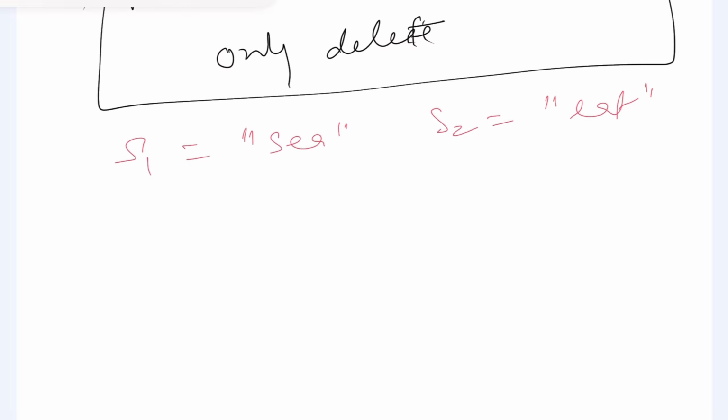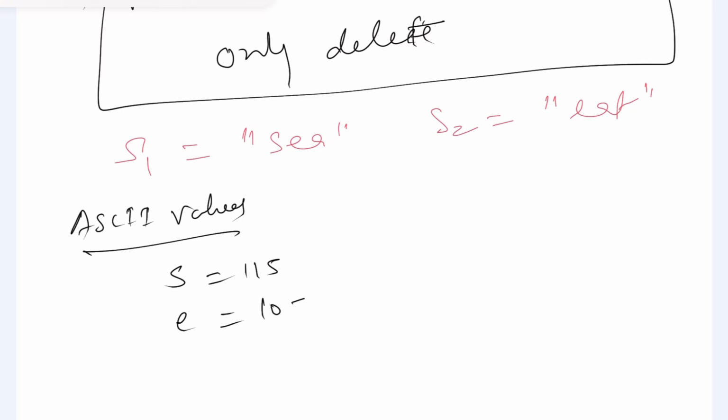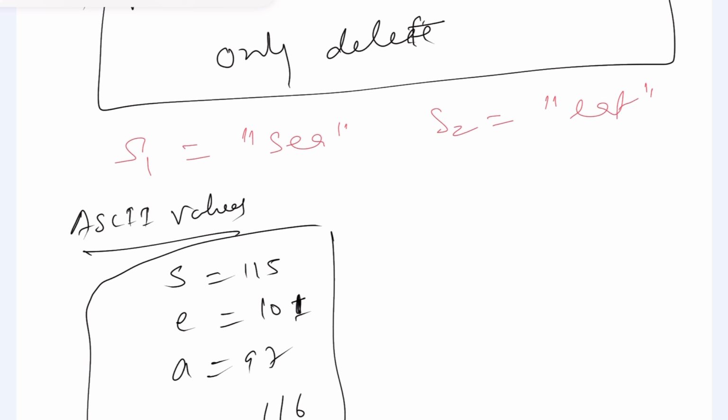S1 is SEA and S2 is EAT. If I write the ASCII values, we know that S is 115, E is 101, A is 97 and T is 116. These are the ASCII values for these characters.